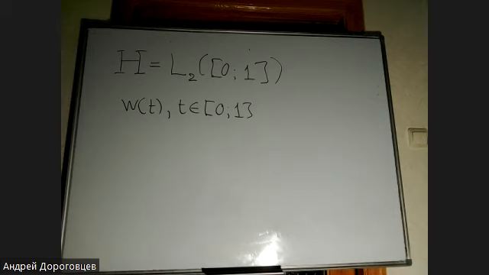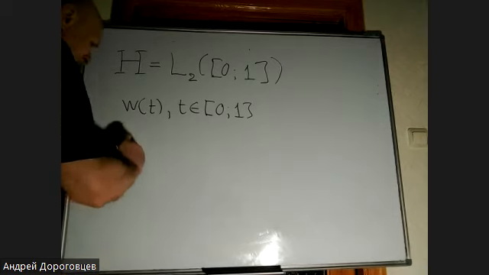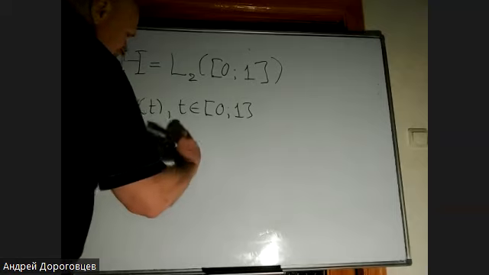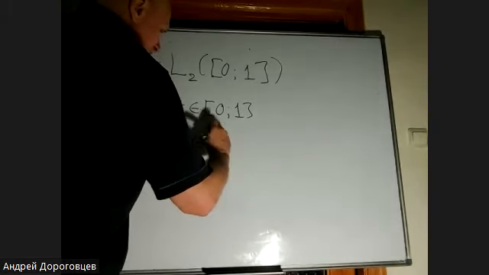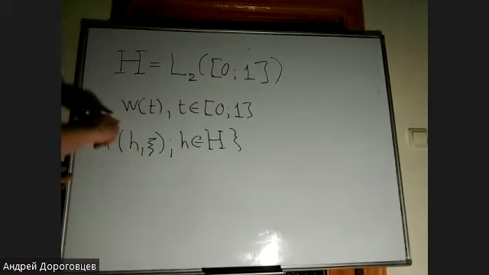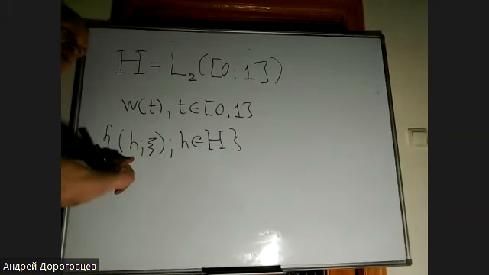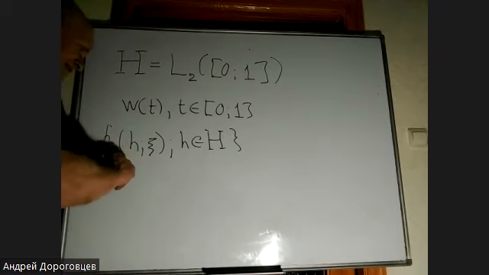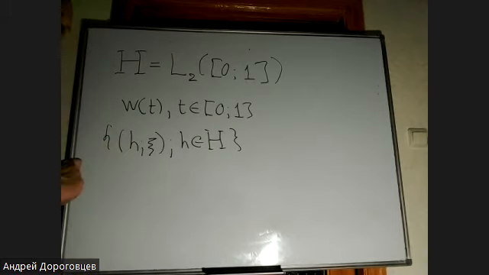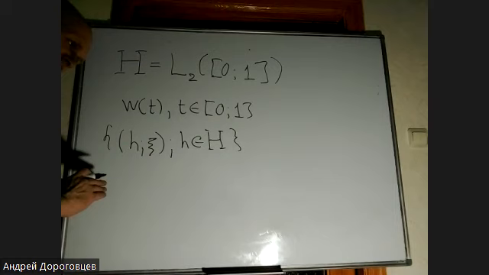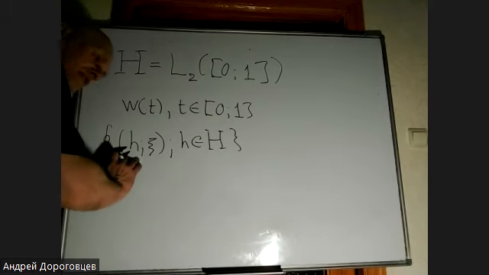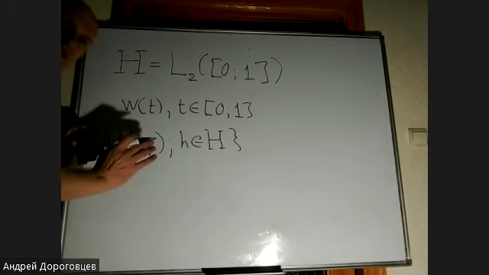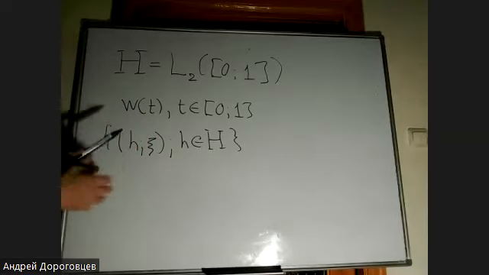Another one is the following. We just have a family (h, psi), and this family has some good properties. Let me recall. It is linear with respect to the first coordinate, and the result is a Gaussian random variable with parameters 0 and variance equal to the norm of h squared.